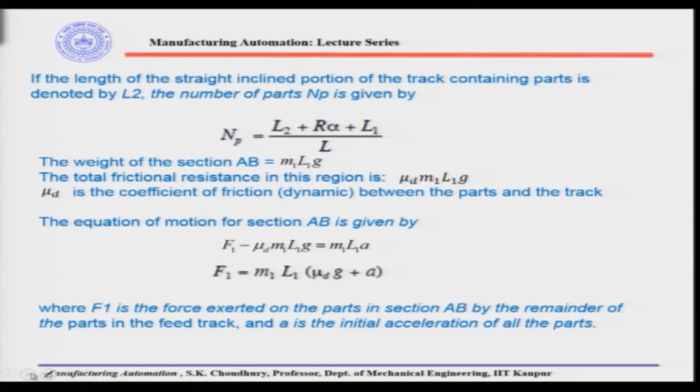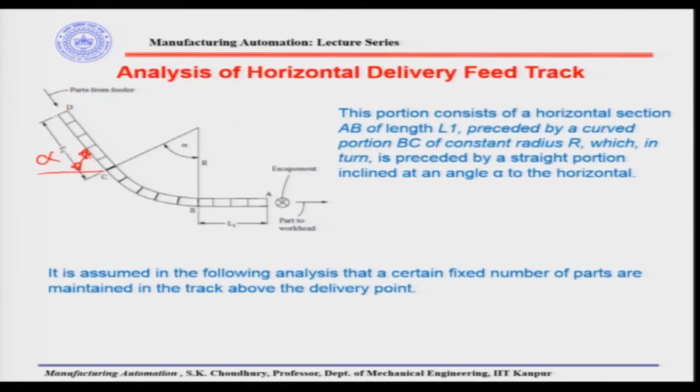Now, the length of the straight inclined portion of the track containing parts is denoted by L2, the length of the straight horizontal part is L1, and the curved portion has a radius of r, with the angle alpha between the start and end of the curved portion.